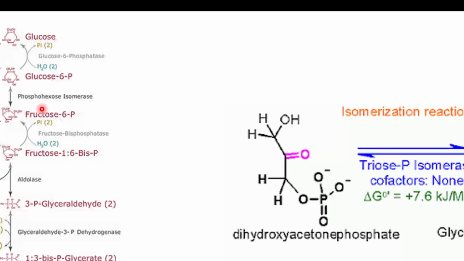Then comes the enzyme phosphohexose isomerase. Whenever there is an isomerase, it means a rearrangement of the atoms to form a new compound. And whenever there is a kinase, it is an enzyme which will add a phosphate group to its target.